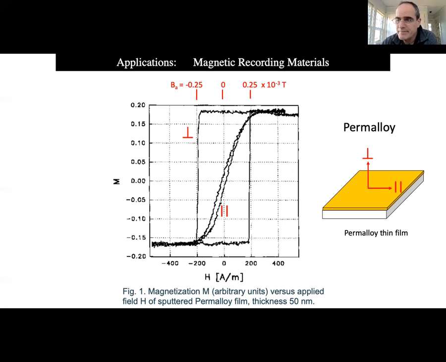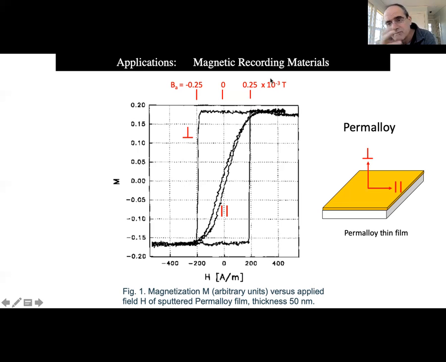Of course, for that application, you don't want the coercive field to be very large. You'd like it to be small so that you can easily switch from one state to the other. In permalloy, for example, the coercive field is only 1/4 of a millitesla.